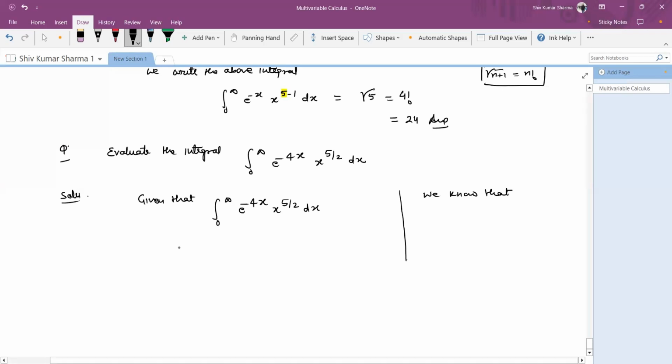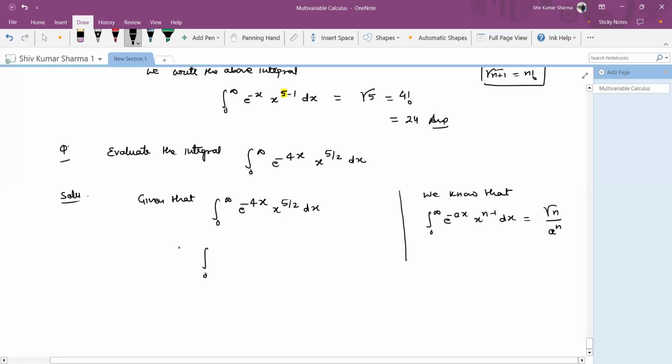We know that if the integral is given in the form 0 to infinity e raised to the power minus ax, x raised to the power n minus 1 into dx, this is equal to gamma n upon a raised to the power n. Here the integral is given in this form. So first we need to write this 5 by 2 in the n minus 1 form.